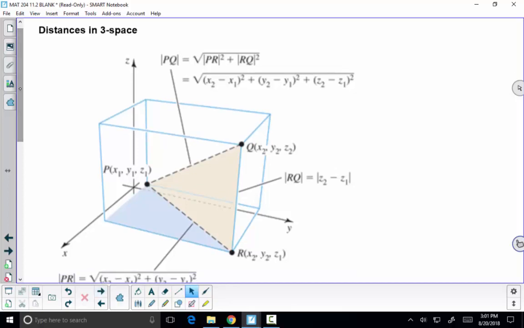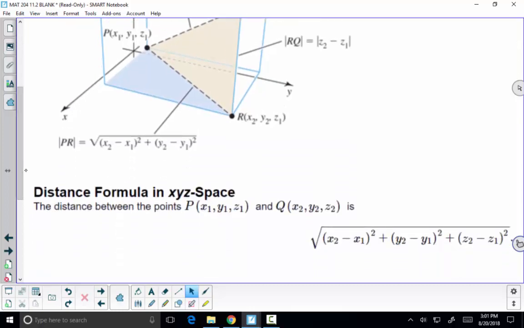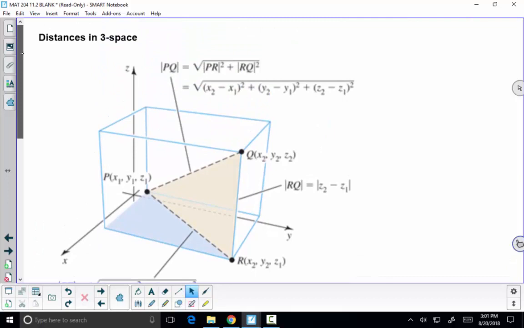All right, distances in R3. Again, if you're dealing with vectors in R3, all you have to do is add a third term. So all we're going to do is add this third term here. If we have a vector with 3 components, we still do the sum of squares and then take the square root. It's just that we have a third component.